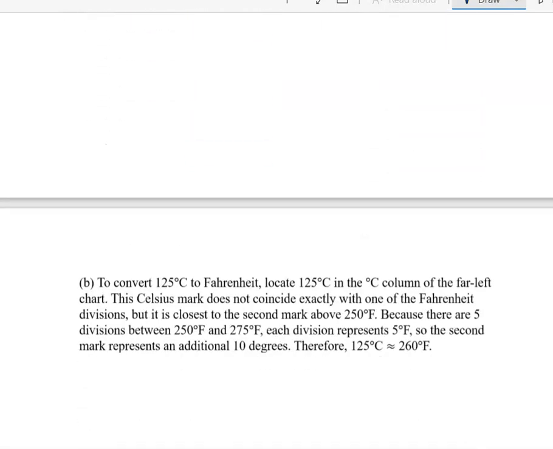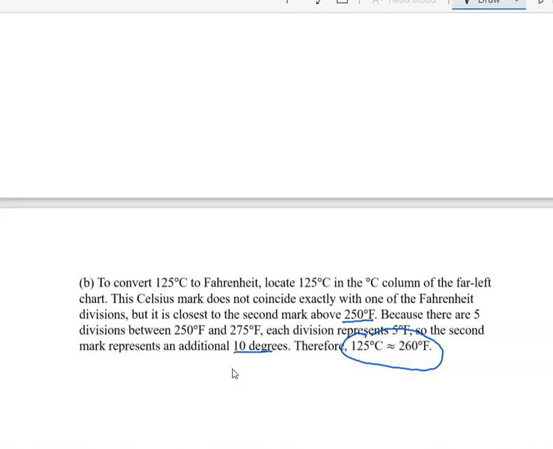The Celsius mark does not coincide exactly with one of the Fahrenheit divisions, but it's closest to the second mark above 250. Because there are 5 divisions between 250 and 275, each division represents 5 degrees. So the second mark adds an additional 10 degrees. 125 was closest to the 250, but we're going to add 2 marks, which is 5 degrees apiece.